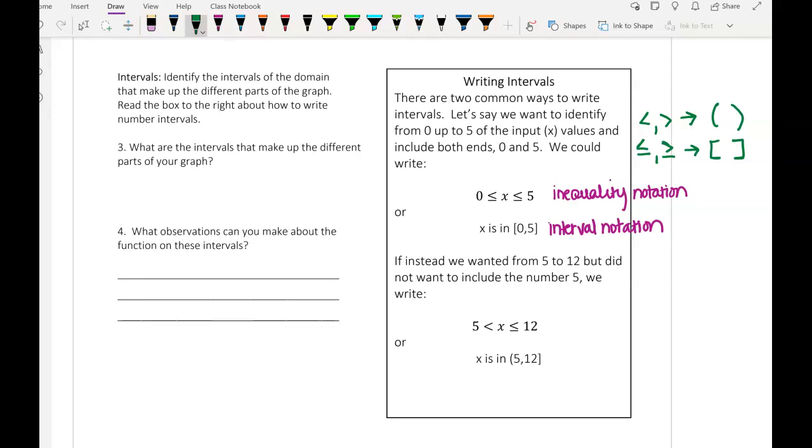You told me that was my quadratic function that was decreasing. So we could write that as, and I'll write it in both notations, 0 is less than or equal to x is less than or equal to 20. That's our inequality notation. If we were to write that same thing in interval notation, we would write bracket 0, 20 bracket.